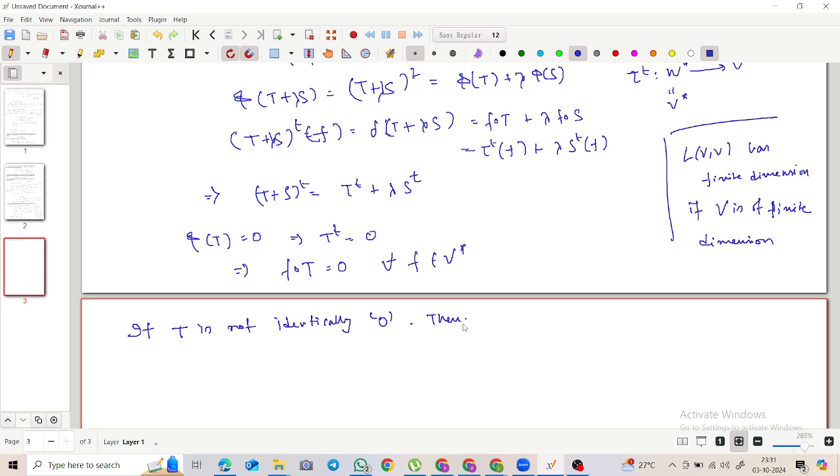Then we can take a non-zero element and it will be non-zero. No, the problem is that T is a linear transformation, not a matrix. I mean, T is a matrix, we know that, but we don't have the matrix form of T. If we go to the matrix form of T, then we will have to consider some basis.